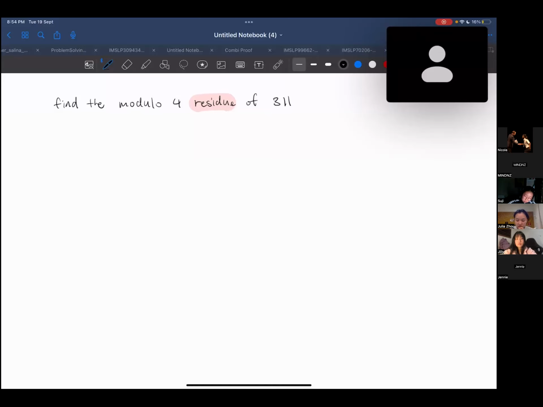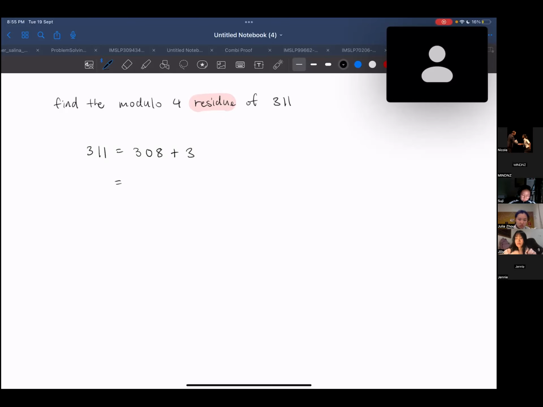Exactly, yeah. Okay, so I'll write the working out then. It's a pretty big number, so I just need to do the mental maths, but it's 308 plus 3. We want to find 308 because it's the biggest term close to 311 that is divisible by 4, which is the modulus.